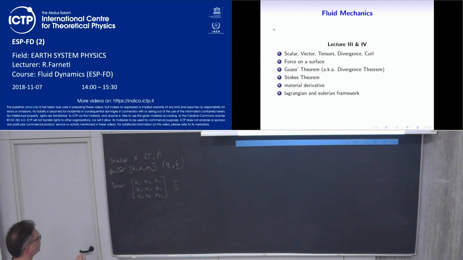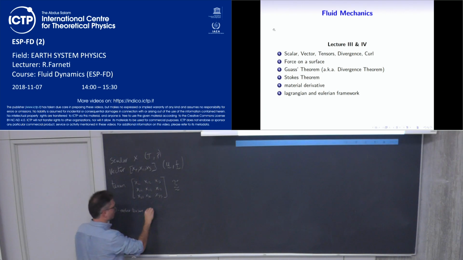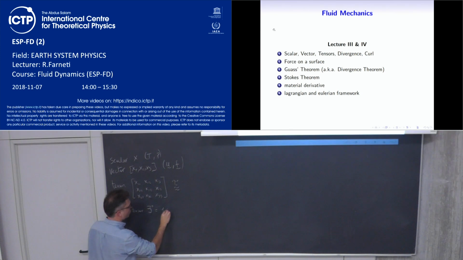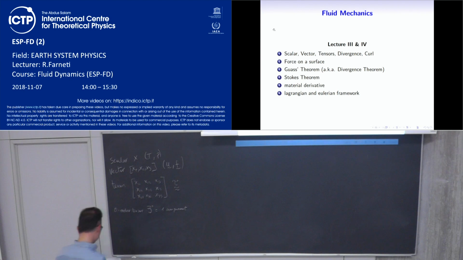So what is a tensor? Everything is a tensor. A tensor of zero order has only one component, so it reduces to a scalar.